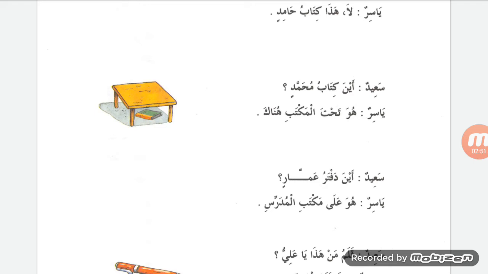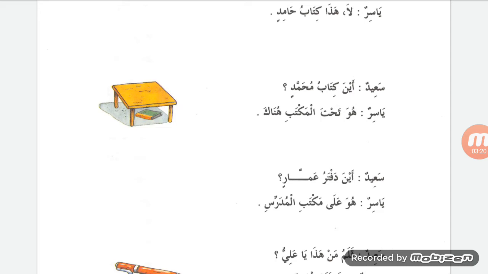Hamidin, see, the final letter dal has a kasra, tanween. So the mudaf ilayh, generally its ending will have a kasra, if it's a singular noun. So Kitabu Hamidin, book of Hamid. So this is a possessive phrase, known as murakkab idafi.